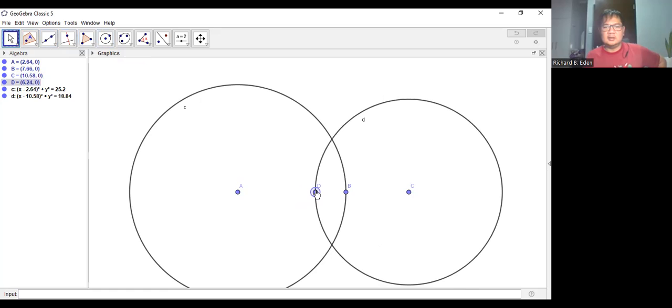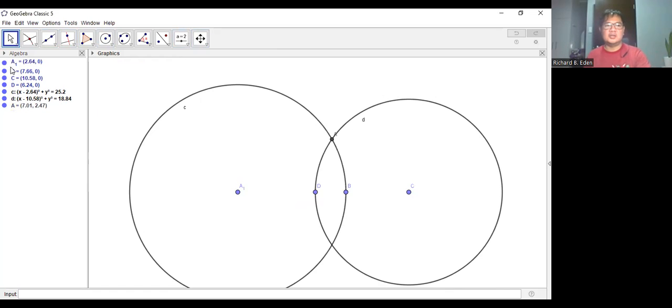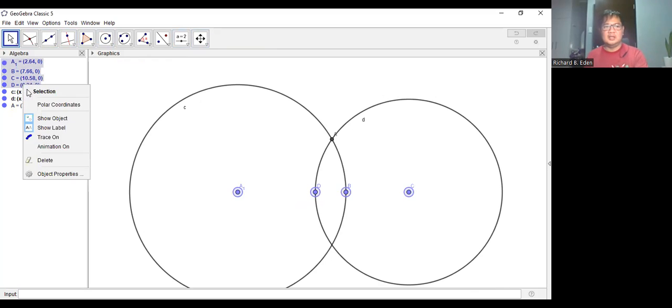It's like a compass movement, rotating about A. Let me relabel. This is the point A in our discussion. Actually, for the other points, just so I'm able to move them, let me remove the labels.